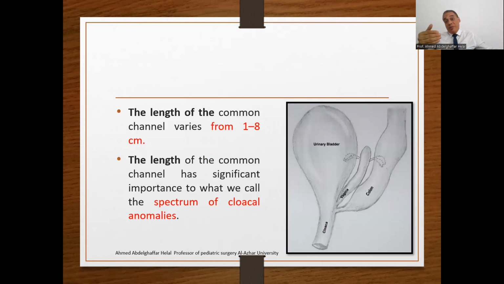This common channel may range from 1 to 8 cm in length, and this length has a very important significance to what we call the spectrum of cloacal anomalies. So we may have a short common channel, and we may have a long one, indicating that the rectum, vagina, and urinary bladder are very high and send a long tube to the perineum.